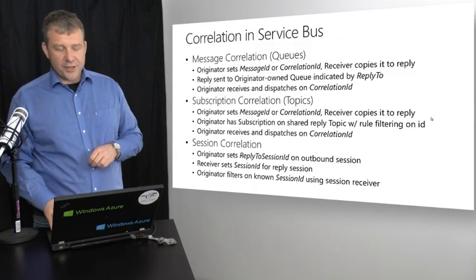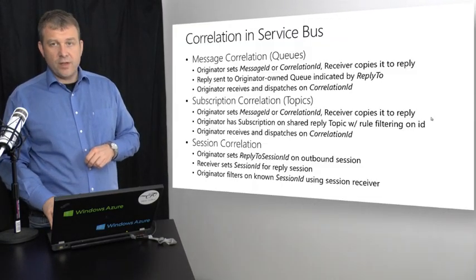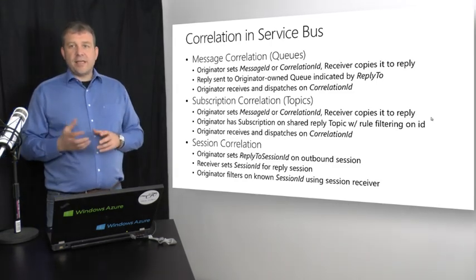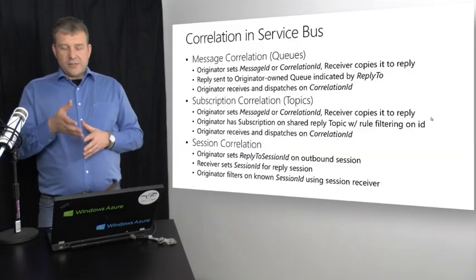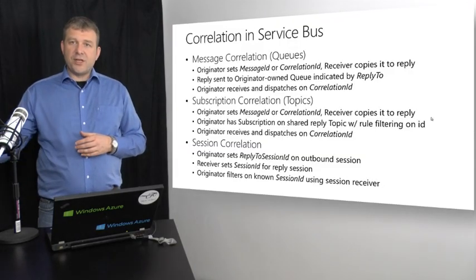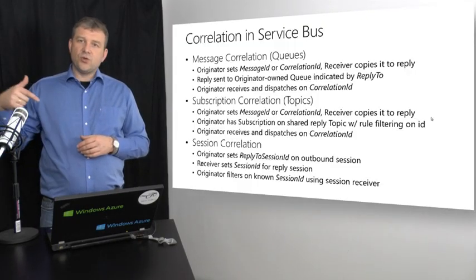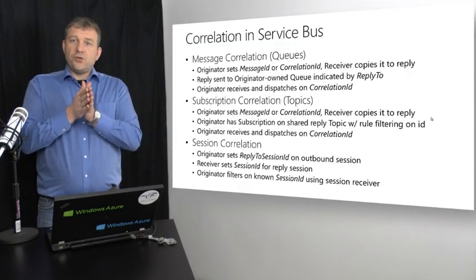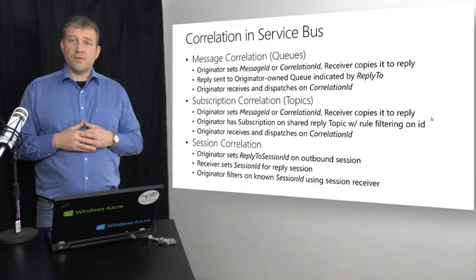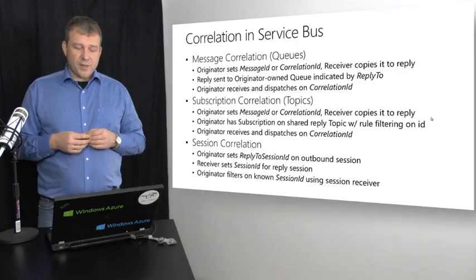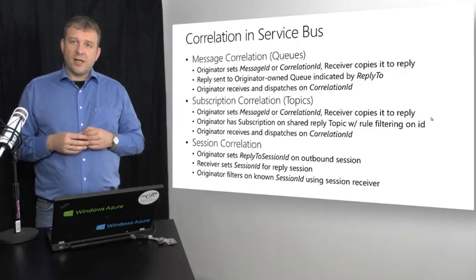And then session correlation is what I usually recommend. It is the capability of setting the reply to session ID, and all the receiver does is send to that session ID to a well-known queue. That queue may actually be shared across a number of nodes, and then the node is using a special function of the session API.